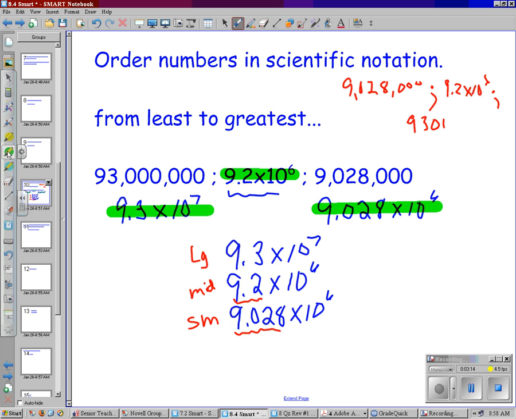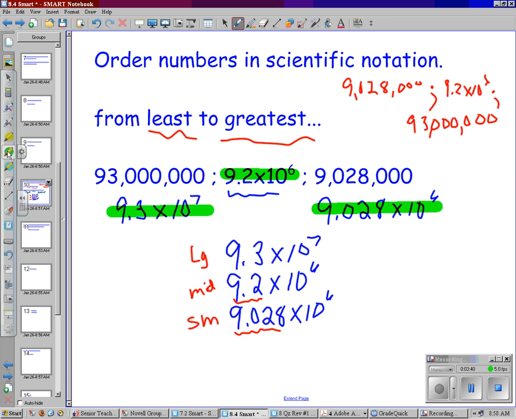I don't have enough space to write beyond there. So what do we put in between them? Semicolons. We put commas in our number to mark the periods. We put semicolons in order to differentiate from one number to the next. And when I ask for them from least to greatest, you should give me the smallest number first, the biggest number last.